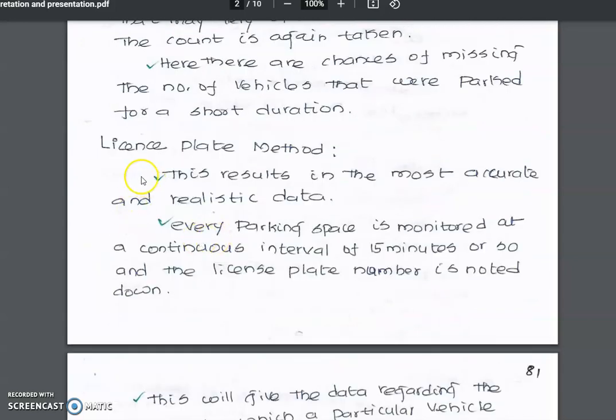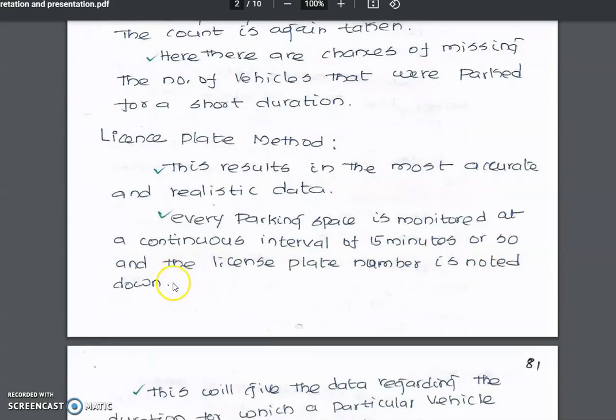Now we are moving to the license plate method. This results in the most accurate and realistic data. Every parking space is monitored at a continuous interval of 15 minutes or so, and the license plate number is noted down.